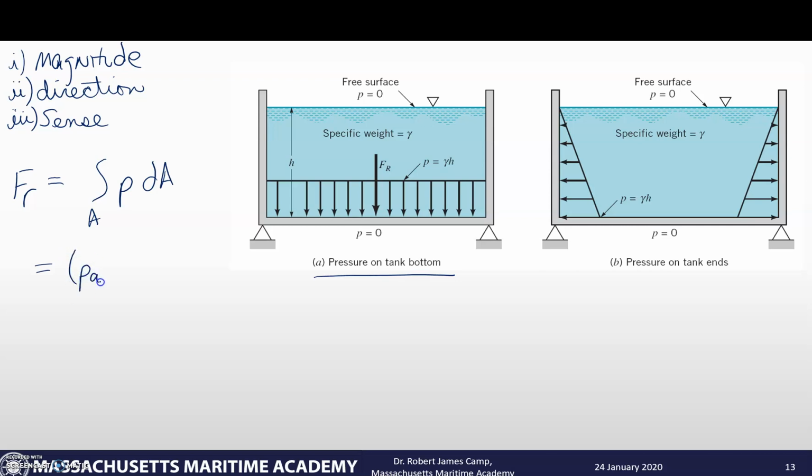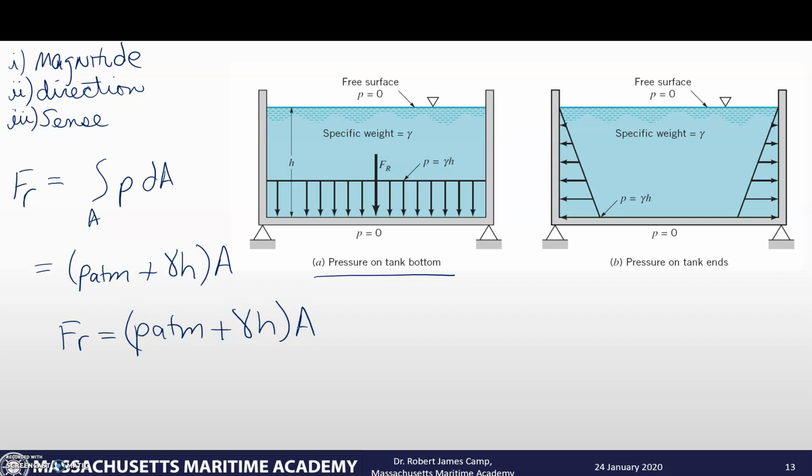Well, it's going to be the pressure of the atmosphere pushing down on top of the fluid, plus the hydrostatic pressure from that column of fluid. We're going to take all of that and multiply it by our area. And that's all we're going to do for the resultant force on the horizontal plate: pressure atmosphere plus gamma H, times the area.